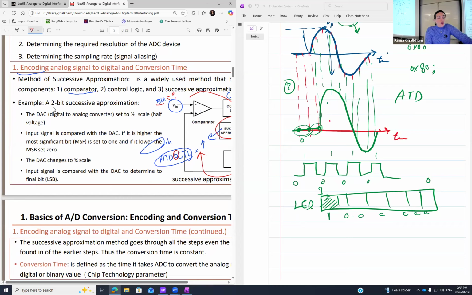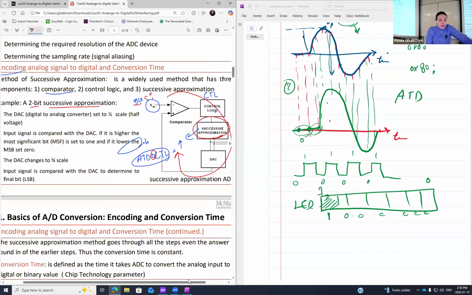Suppose you have a 2-bit successive approximation. This part you need to do manually, so learn it. So you have to have digital in here. When I say DAC, this is digital to analog converter. You can say ADC, analog to digital, but this one is backward. In here is analog to digital.